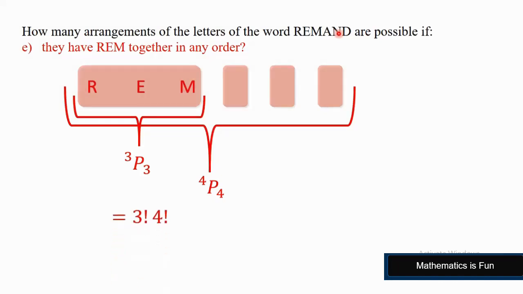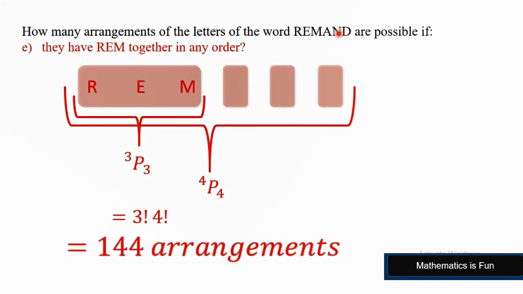So we have 3 factorial and 4 factorial, which gives 144 different arrangements in which REM stay together in any order.